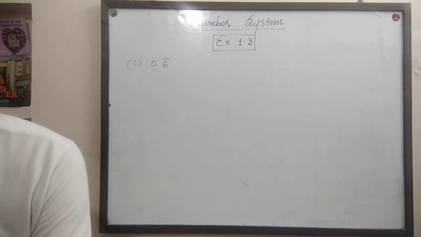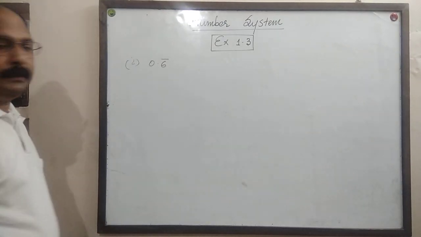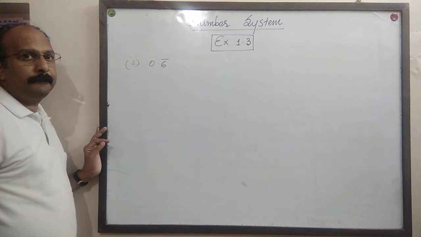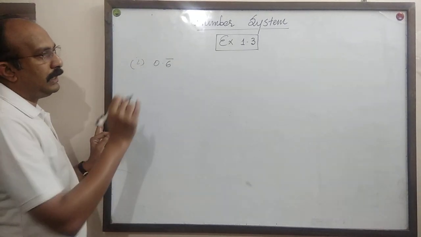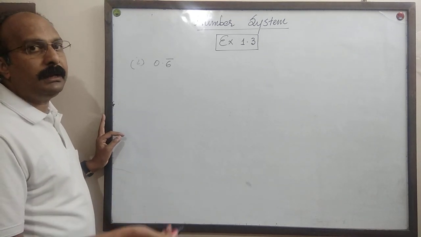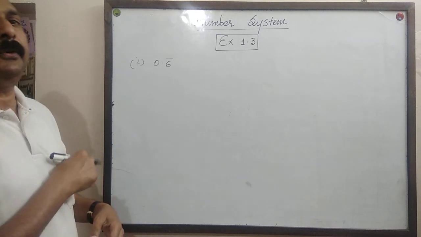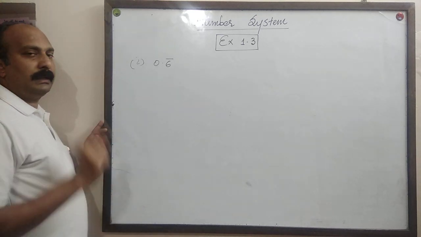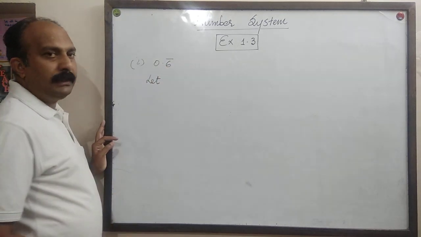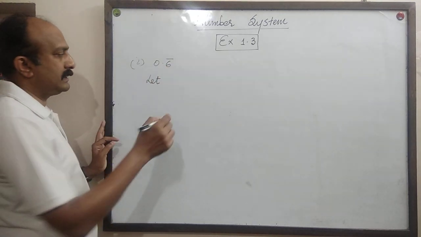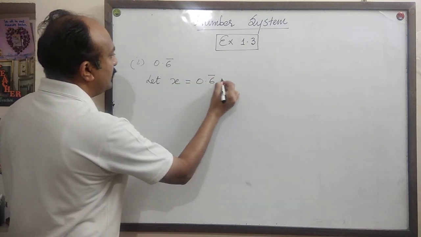0.6 bar is a non-terminating recurring decimal. Now we are going to change it into P upon Q form. See, the first step, let the given question be x. So let x is equal to 0.6 bar.